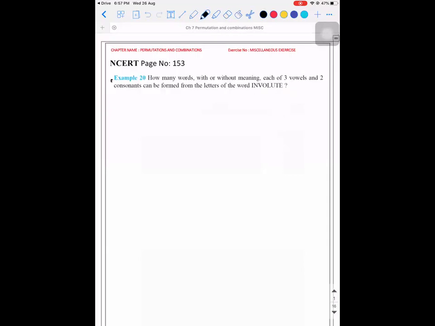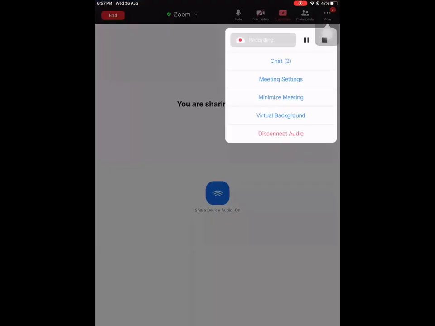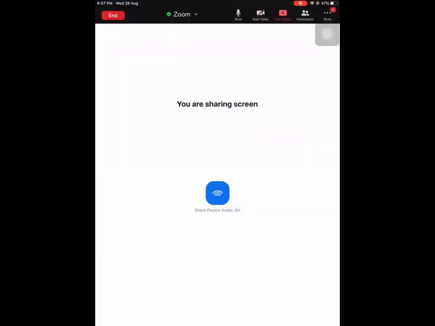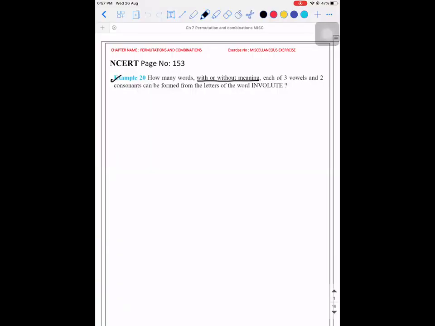Now tell me. Example 20. How many words, with or without meaning, each of 3 vowels and 2 consonants can be formed from the letters of the word involute? So how to solve this? The word I have in my hand has how many letters? 1, 2, 3, 4, 5, 6, 7, 8.